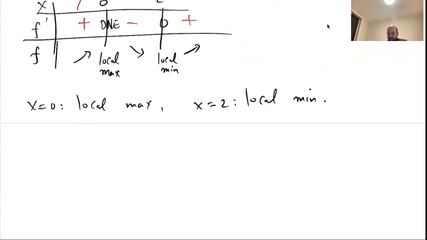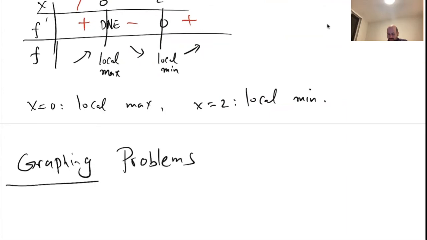Okay, now the next topic that we want to look at is graphing functions, graphing problems. We started this last time because we explained how to sketch the graph of a polynomial. But of course, graphing polynomials is the easiest type of graphing problem.